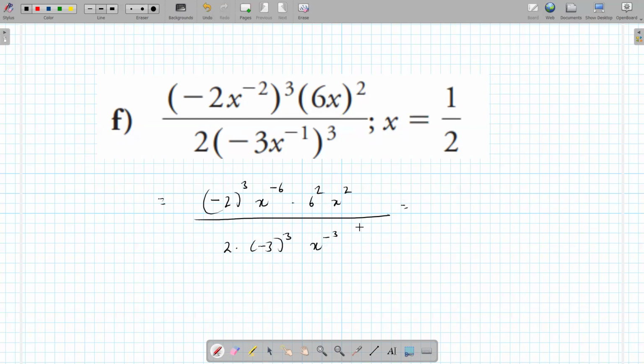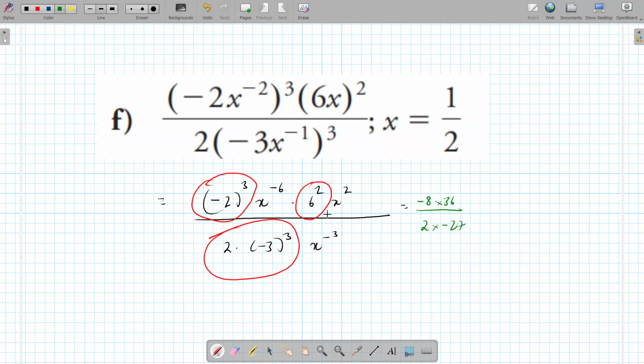Now what do we do? Now we're going to group up the numbers together. So we have 1 thing here, 2 thing here, and 3, 4, 4 numbers there. Negative 8 times 36 over 2 times negative 27. Those are just the numbers.